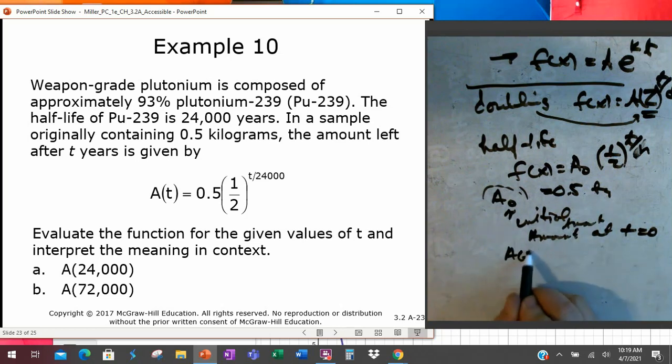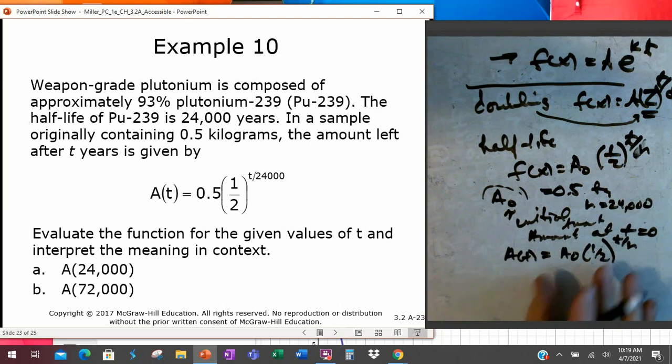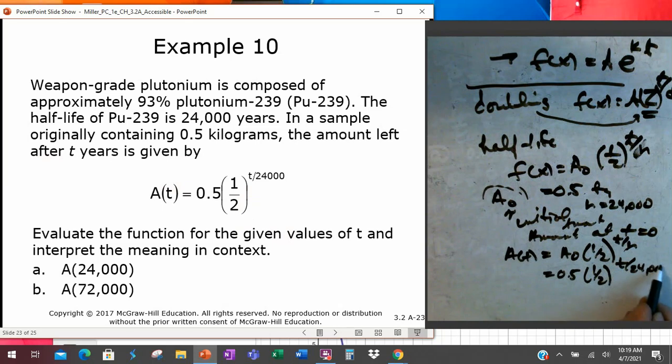This is the model. It is A0 times 1/2 to the T divided by the half-life, and they say this is 24,000. So you can write this model based on half-life: 0.5 times 1/2, because we're talking about half-life, to the T over 24,000.